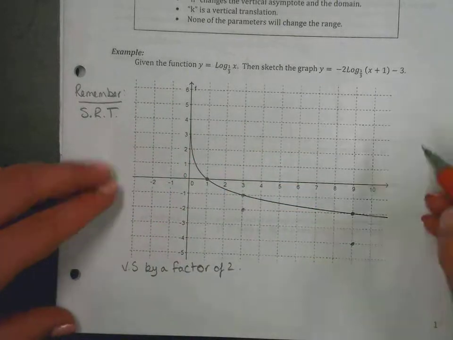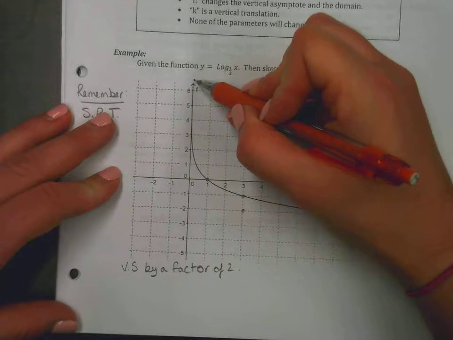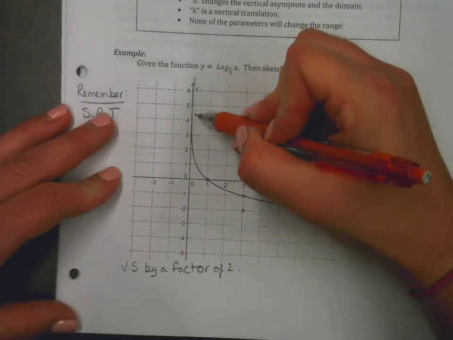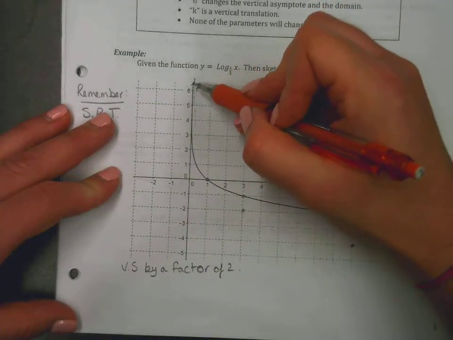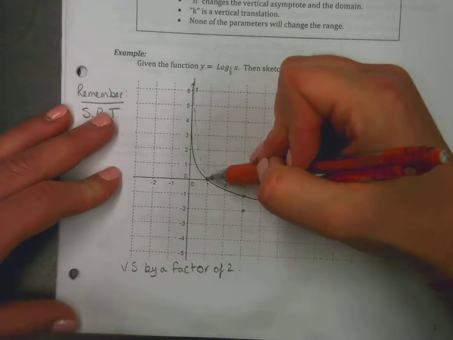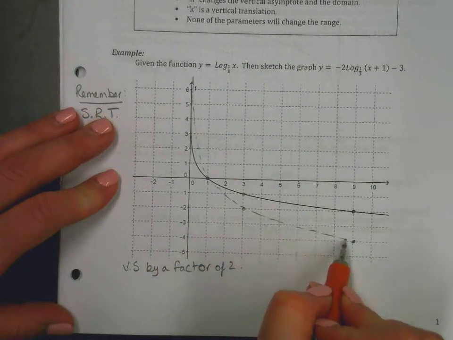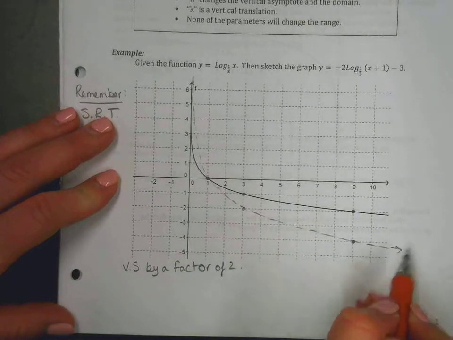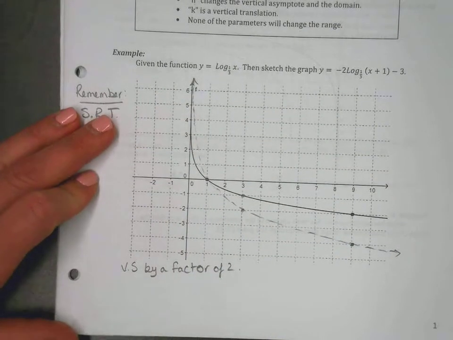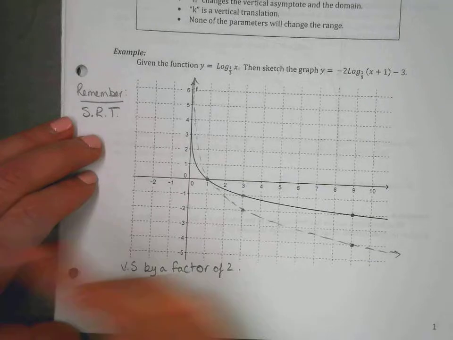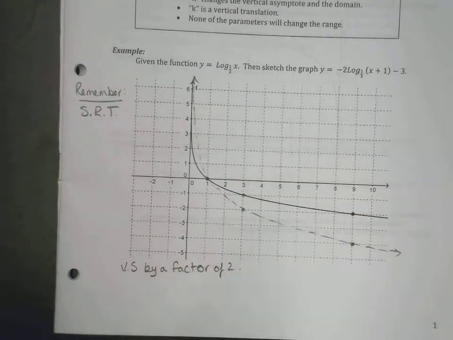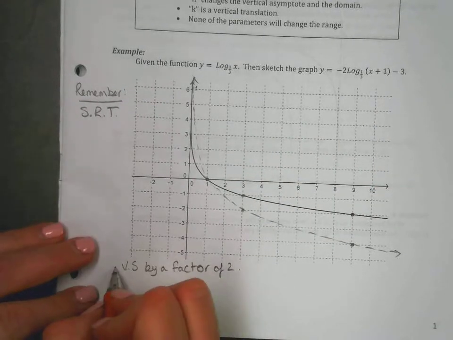So we get an idea of what this graph is going to look like. I'm going to faintly put it in here as a dotted line. So there's my stretch. There is no horizontal stretch. There is no b value, so we don't have to worry about that. Okay, so that was step 1.